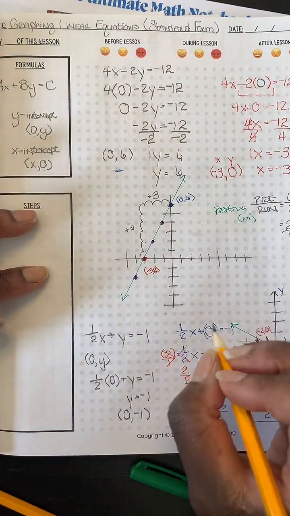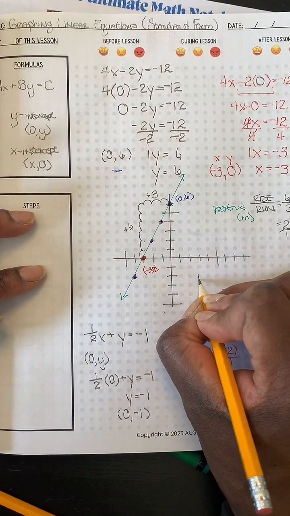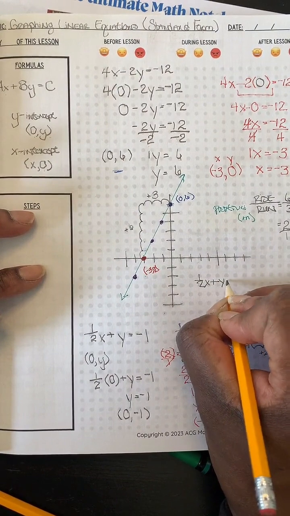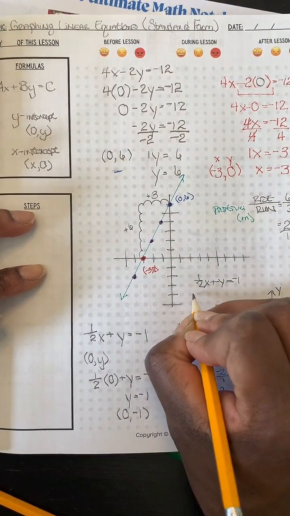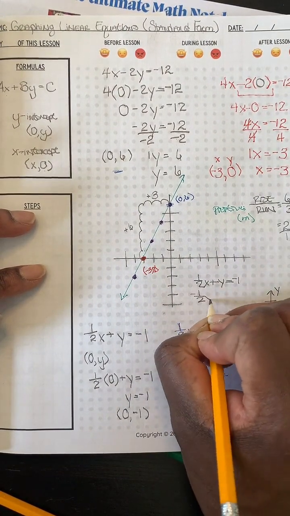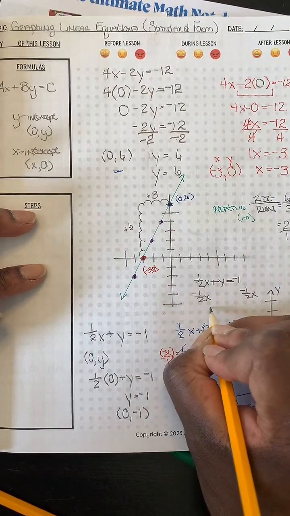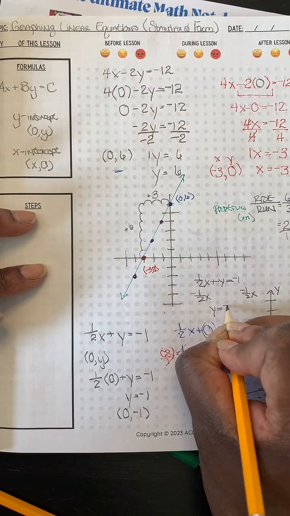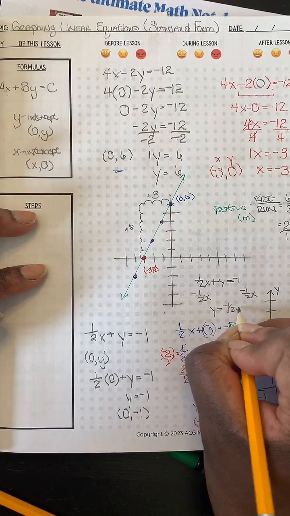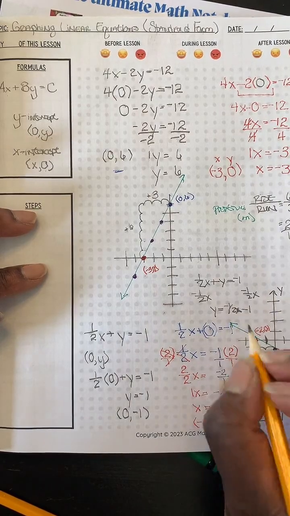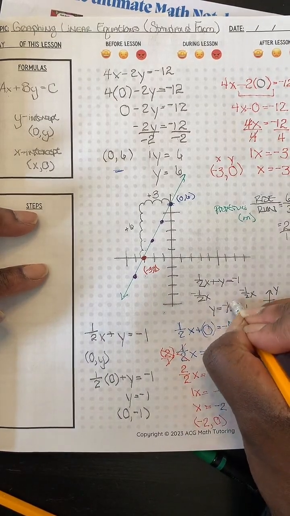So what I'm saying, I'm going to put it up here. I got my 1/2 x plus y is equal to negative 1. If I subtract 1/2 x on both sides, I would get y equals negative 1/2 x minus 1. Let me clean that up a bit.